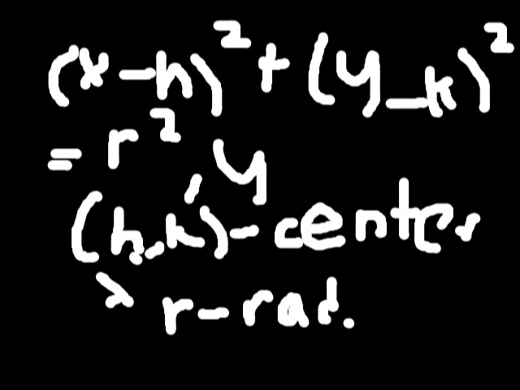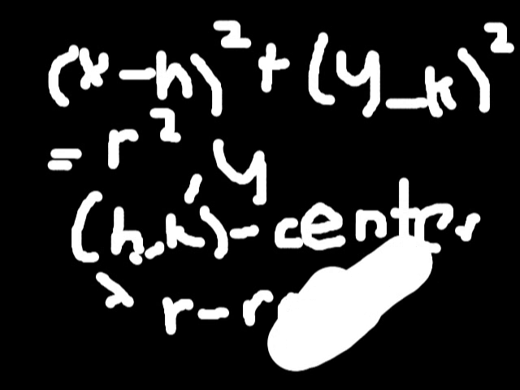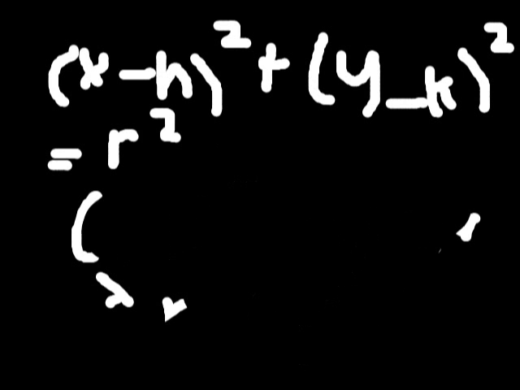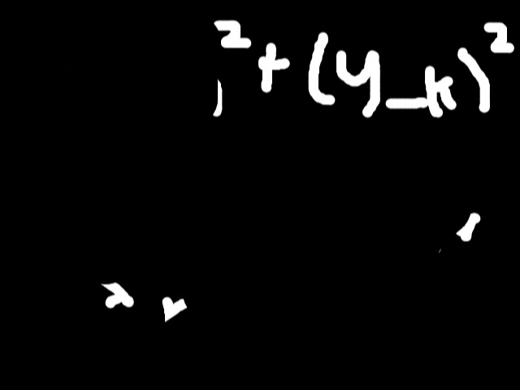Okay, so we're going to use this equation to solve the problem I had on the board. The problem asks at which points this circle intersects the x-axis and the y-axis.